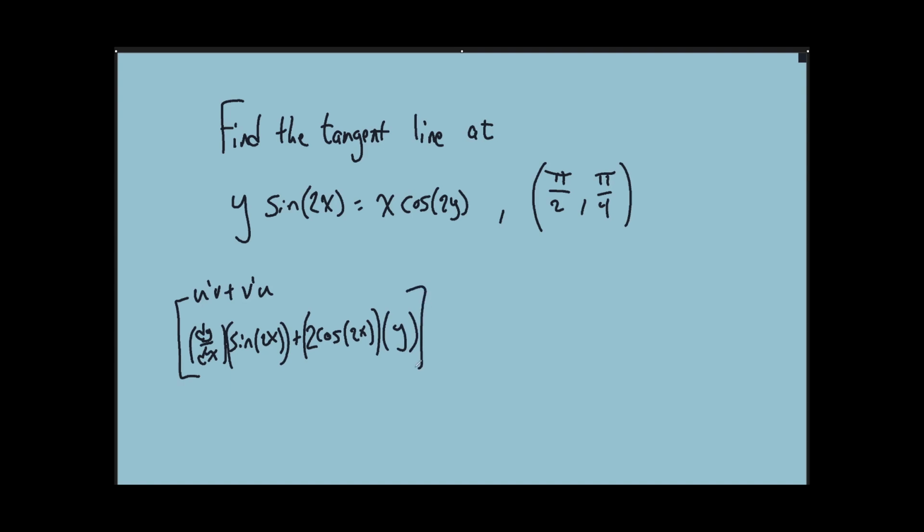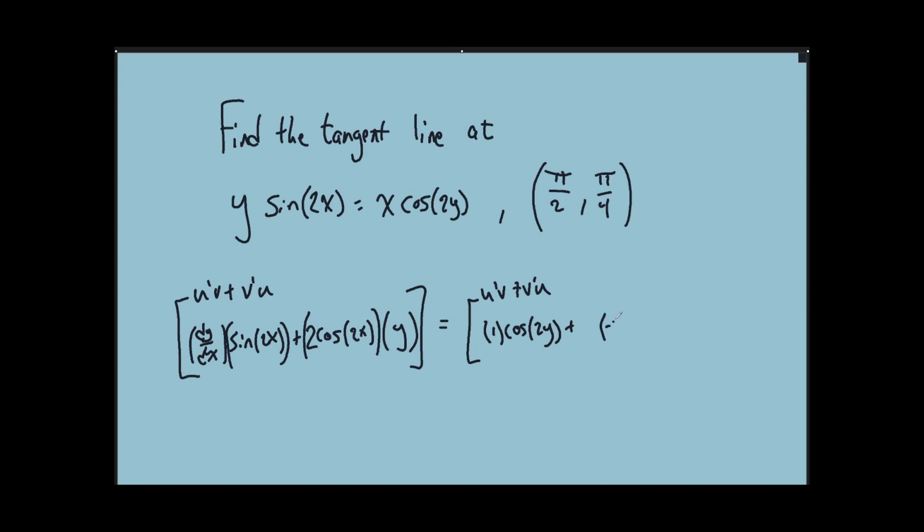Okay, so here's the first product rule, and that's going to equal the second product rule. Looks like over here, u prime v plus v prime u. U prime, what's the derivative of x? That's 1. And then v is cosine of 2y plus v prime. That would be Bueller.